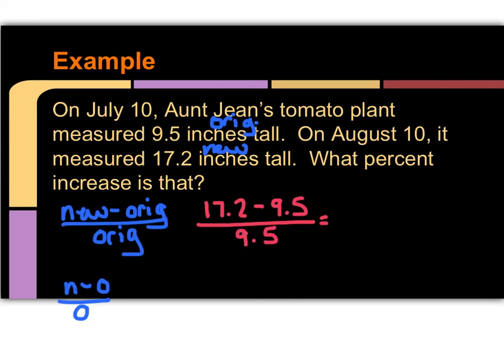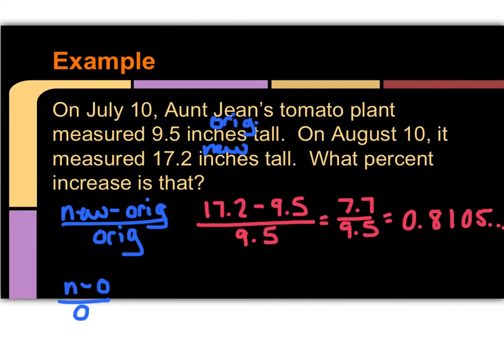So first we take 17.2 minus 9.5, and we get 7.7, divided by the original 9.5. Again, that gives us a really long decimal, 0.8105, and it keeps going.